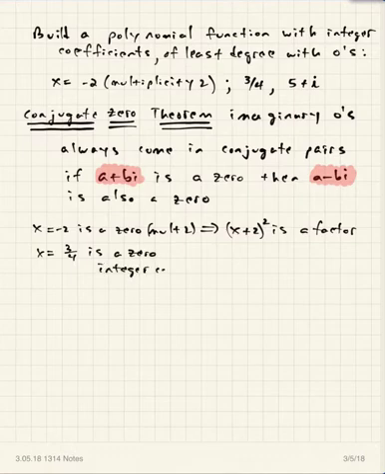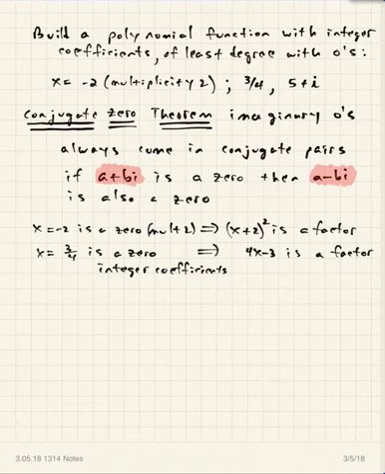Integer coefficients just means no fractions as coefficients. And so we're going to streamline this process. We're going to say that 4x minus 3 is a factor. If 3/4 is a 0, then 4x minus 3 would have to be the factor.